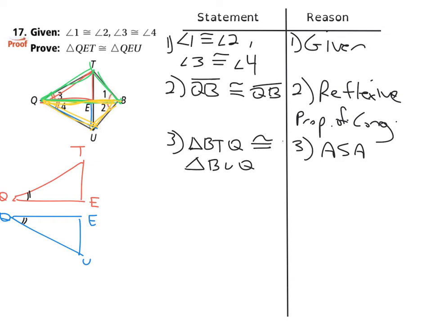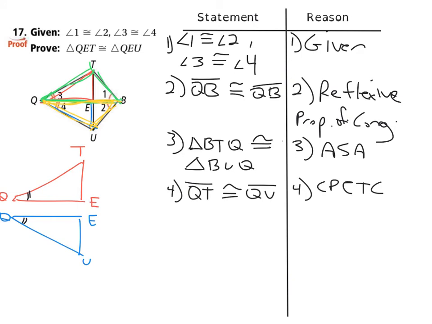We can say, okay, then we know number 4 that side QT is congruent to side QU. And how do we know that? Because corresponding parts of congruent triangles are congruent. Cool.